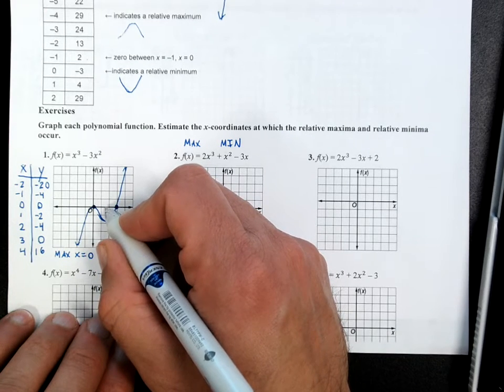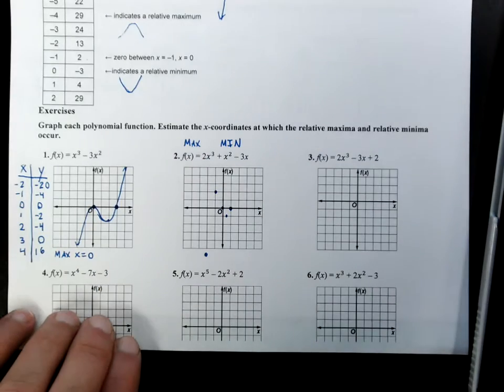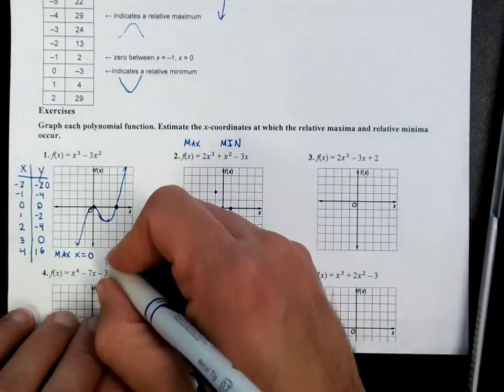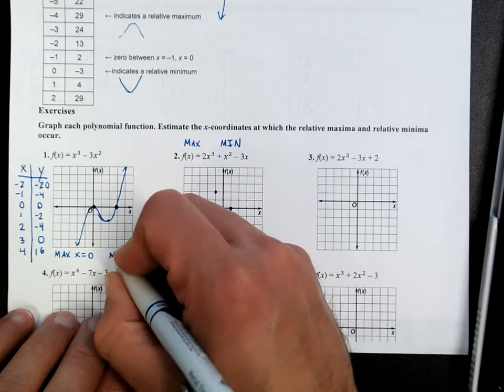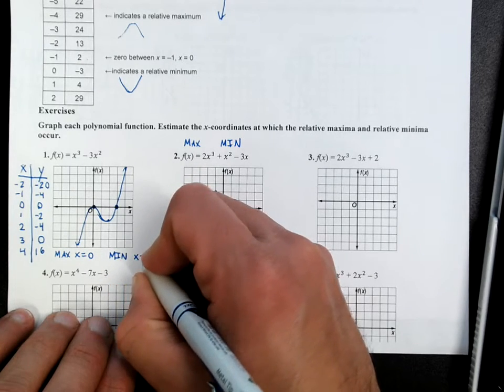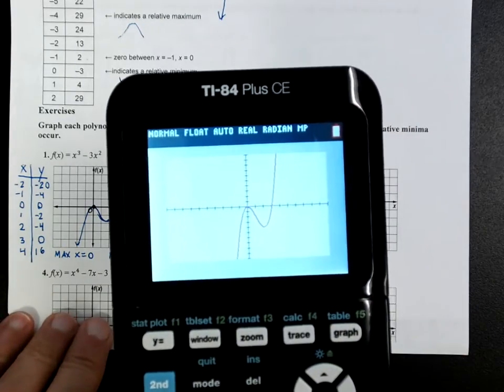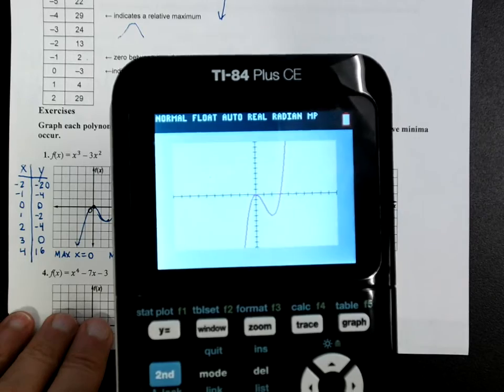I would say like 1.5 or 2. I'm going to call the relative minimum 2. So relative minimum at x is equal to 2. And you can see that better on this graph than mine. Notice that the minimum would be located at 2.